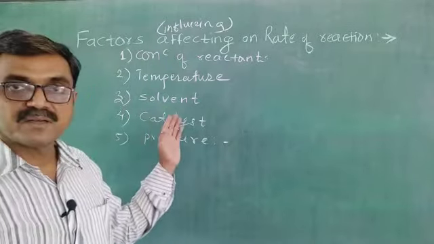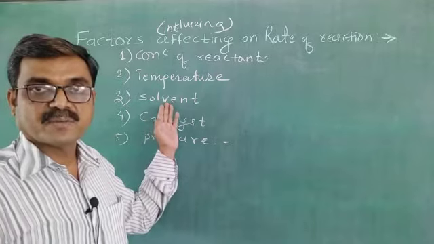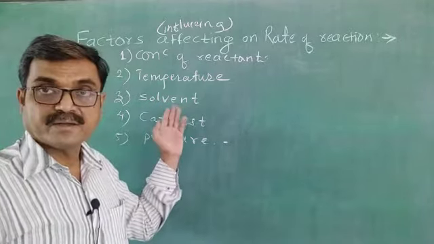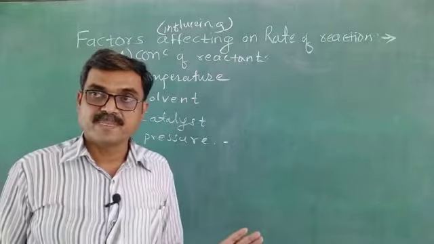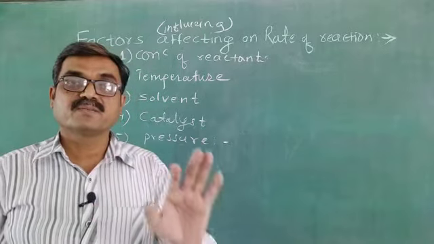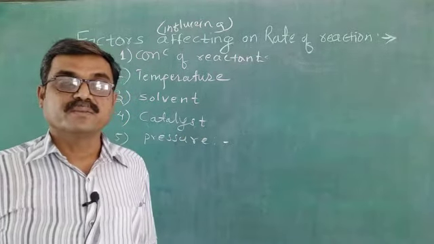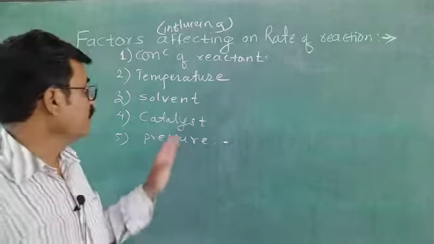Now temperature is directly proportional. Solvent effect on the rate of reaction means the rate of reaction depends upon the nature of solvent. Solvent has only one role, to provide the medium for the reaction. Solvent plays a very important role.